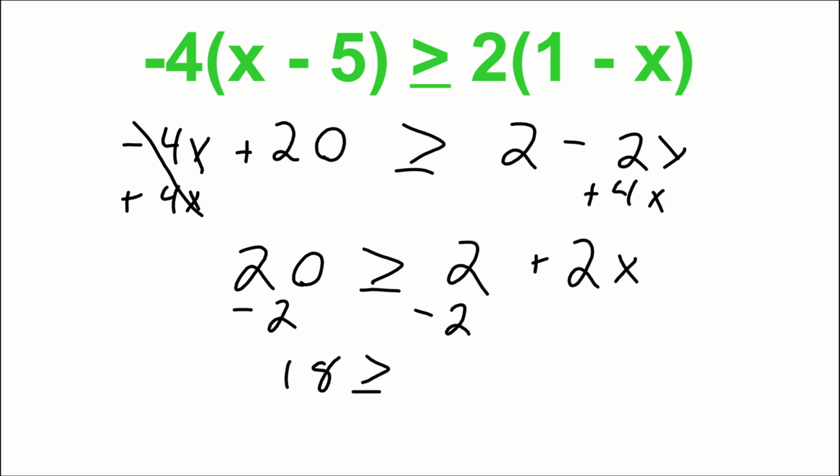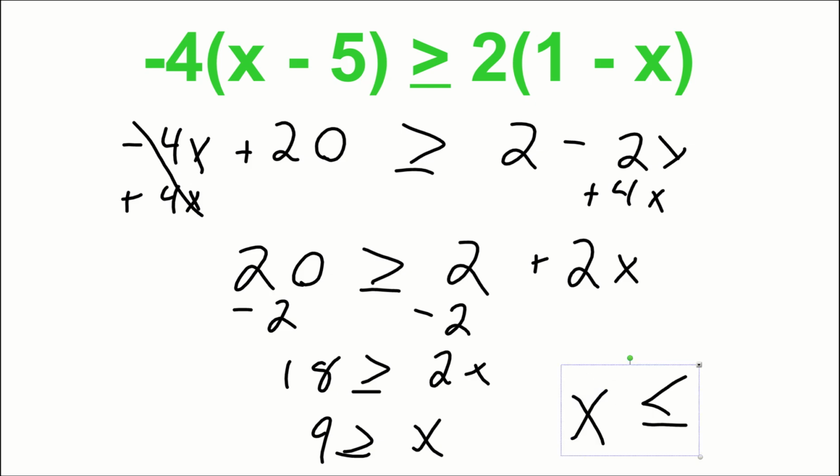So we got 18 greater than or equal to 2x, divide by 2. And then we flip it around. Okay. Any questions on that one? So not maybe a ton complicated, but a little bit more than the one before.